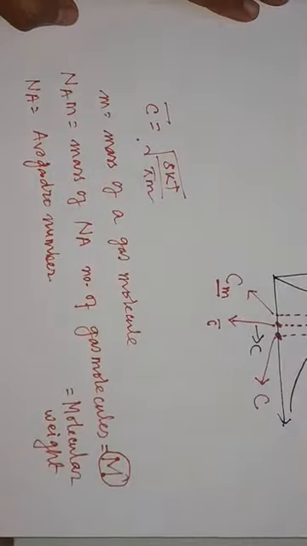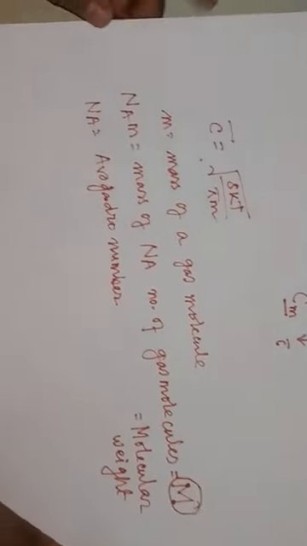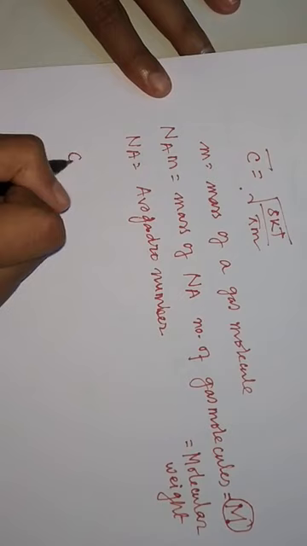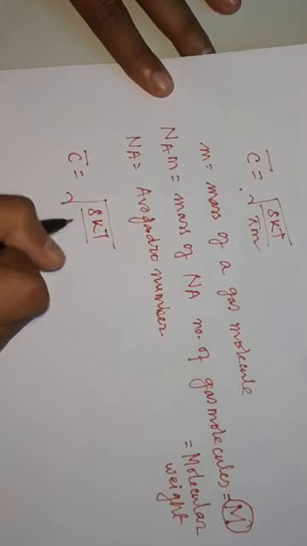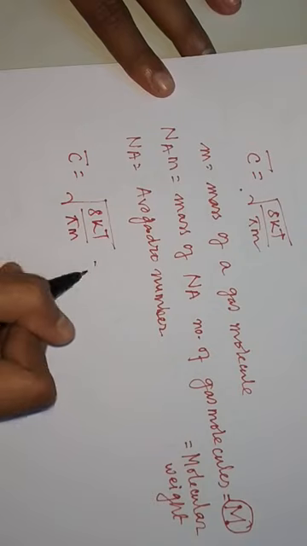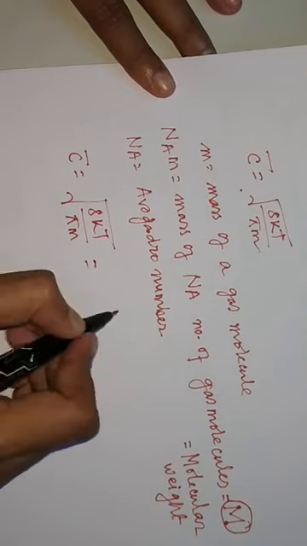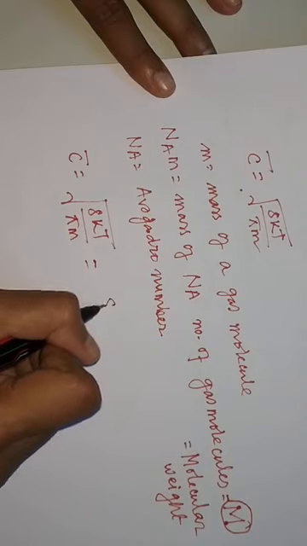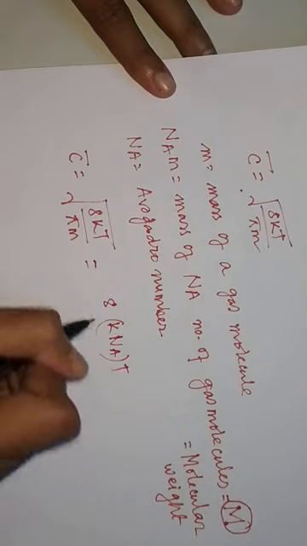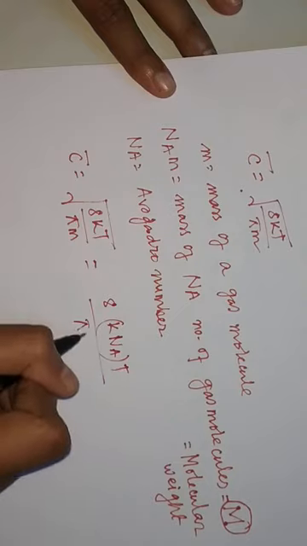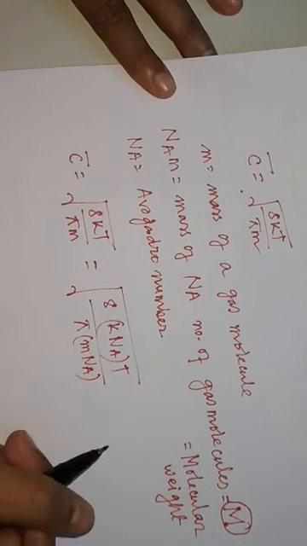Now we'll try to represent the three types of speed in terms of molecular weight. First start with the average speed, which is root over 8kT by pi m. Now we'll multiply the numerator and denominator inside the root with the Avogadro number. So k Na into T divided by pi m Na, under the root.